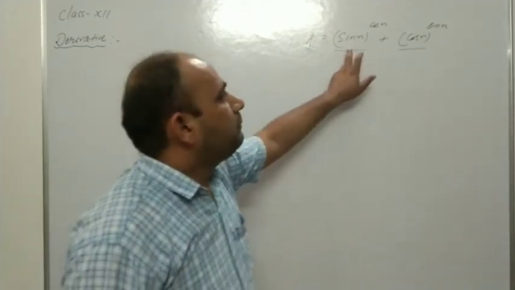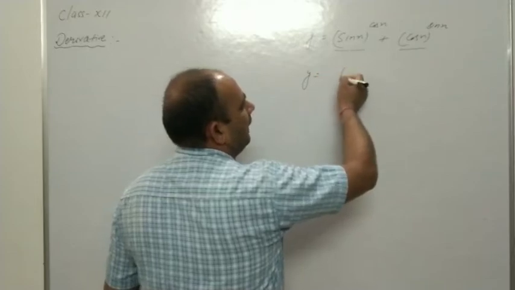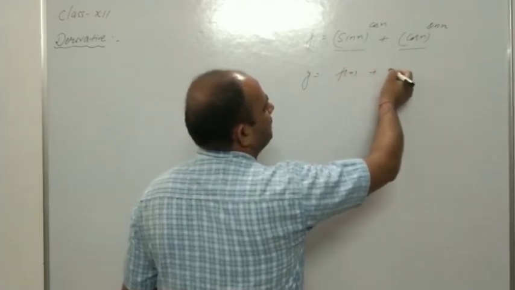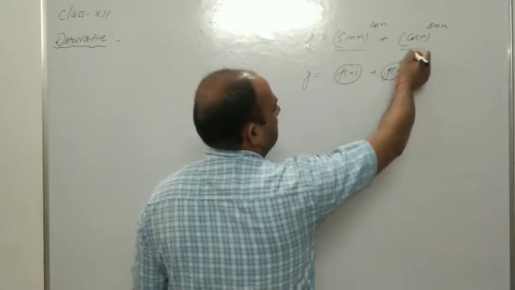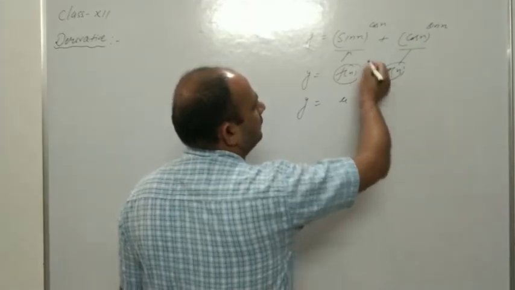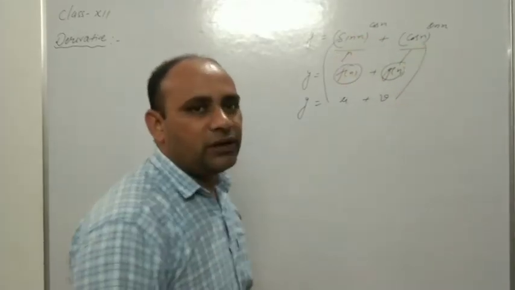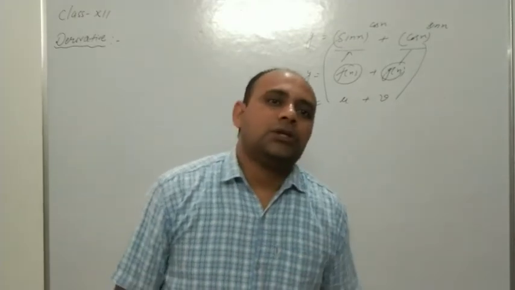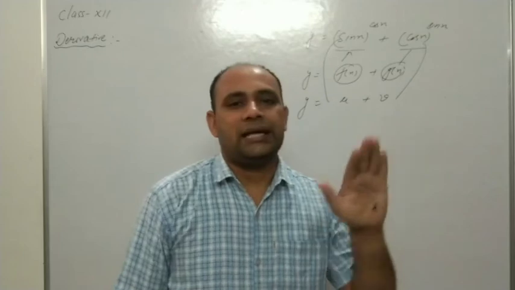So here we have y is equal to f(x) plus g(x). We suppose it is f(x), it is g(x), either you can say u and v. So we have two functions in addition, so we cannot take direct log on both sides.